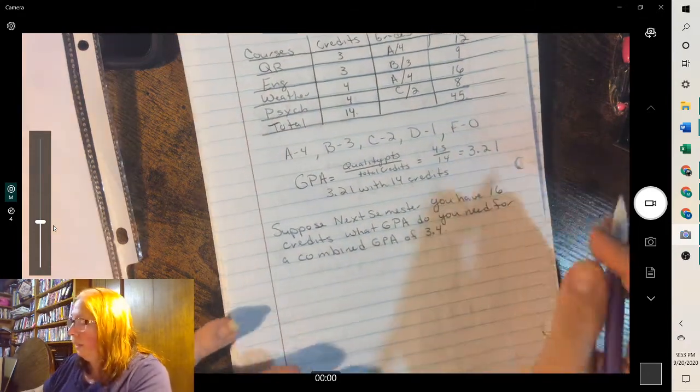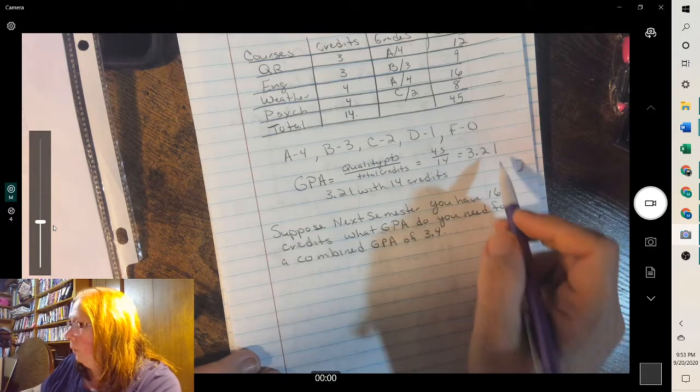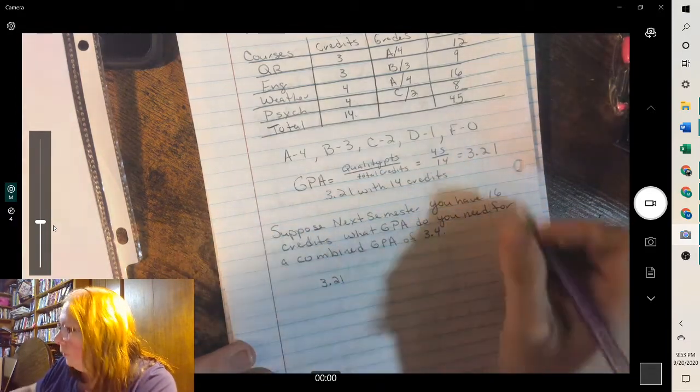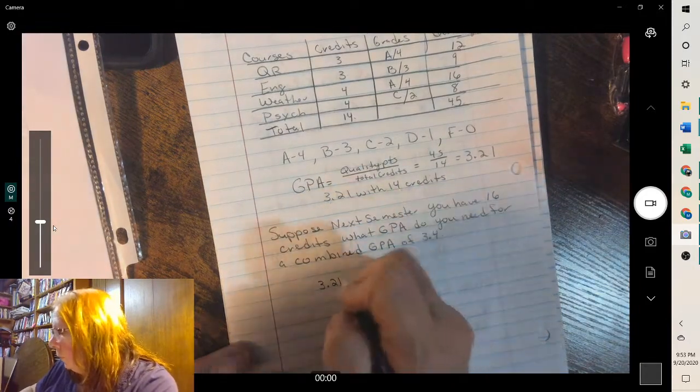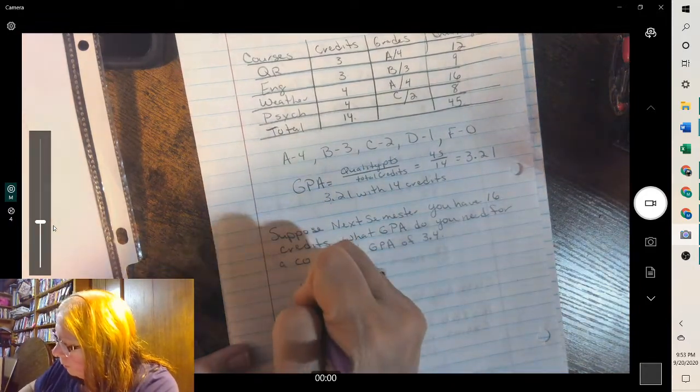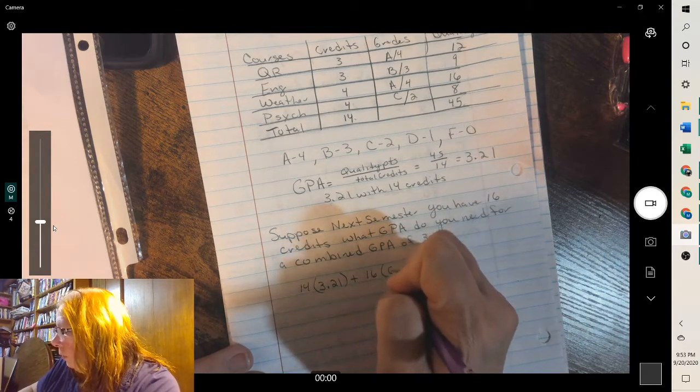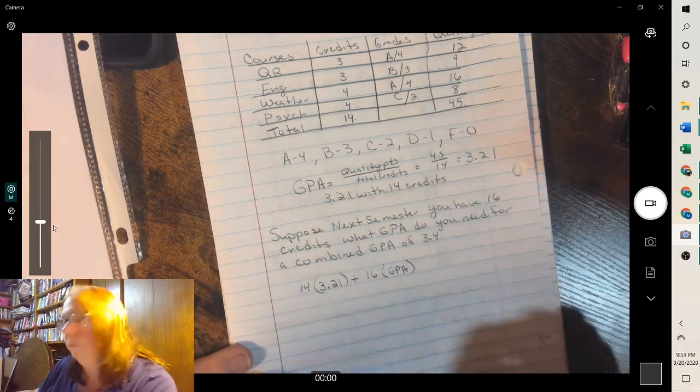Well, to do that, we know that our quality points, we take our grade point average. So this 3.21 was for 14 credits. Now we're taking 16 credits, but we don't know what that grade point average is yet.